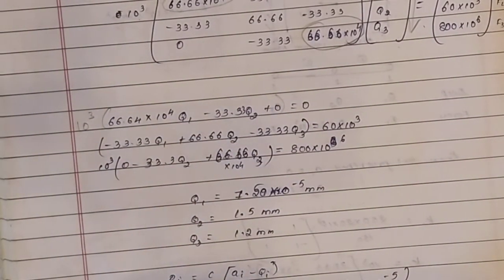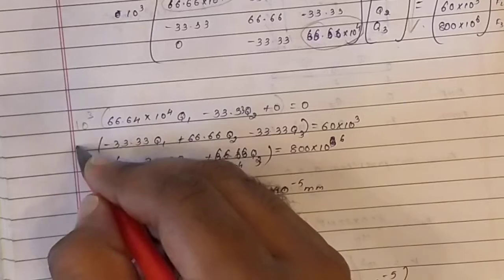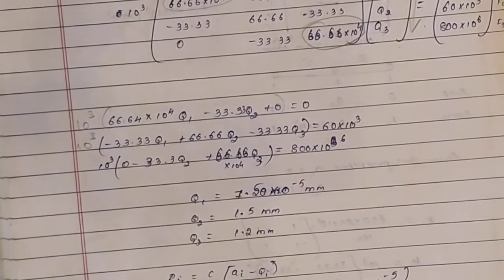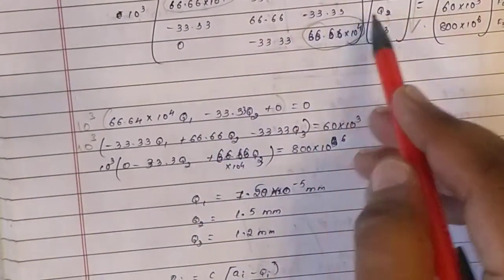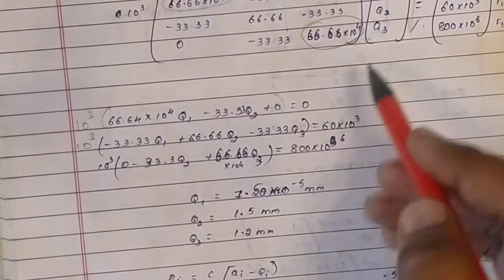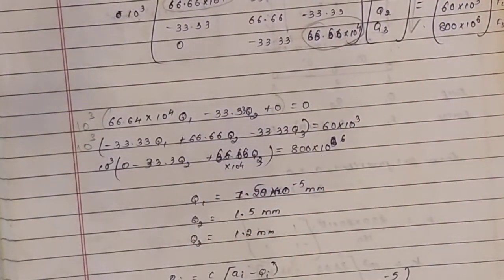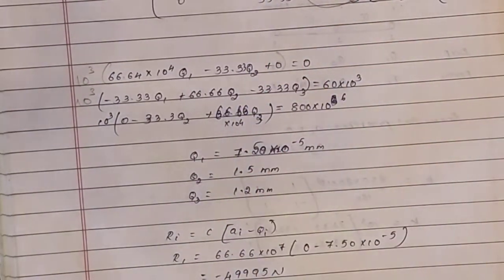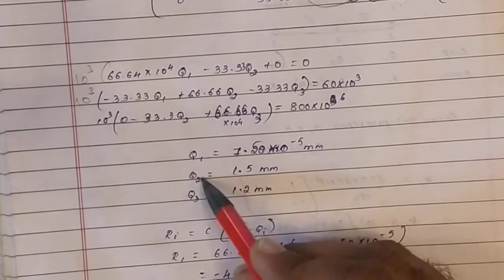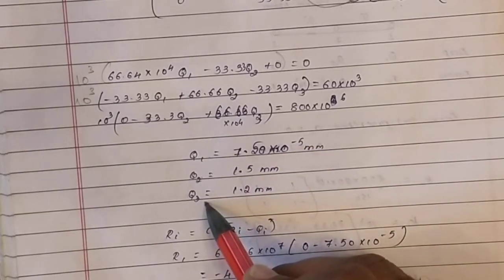Okay, please don't miss it. And even here 10 power 3 common, this row into this column, this row into this column, this row into this column, similar to how we have solved in the previous problems. So 3 equations and 3 unknowns, we will get Q1, Q2 and Q3 values.